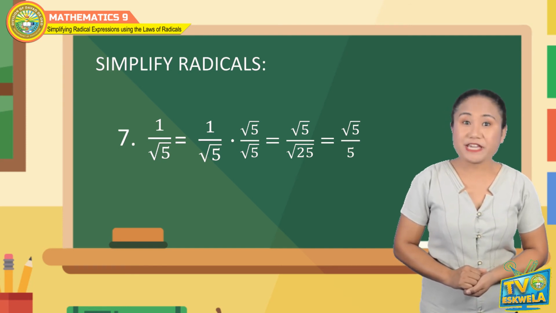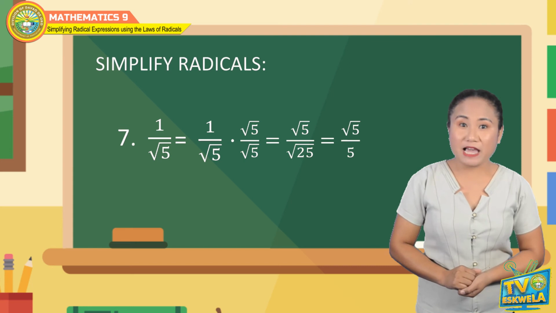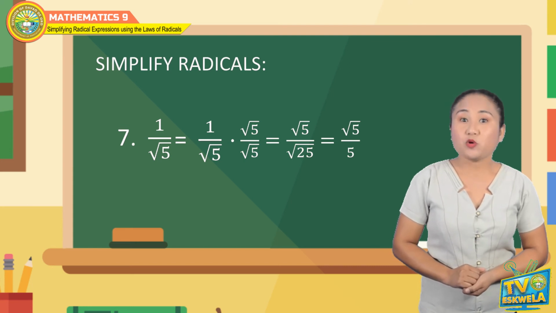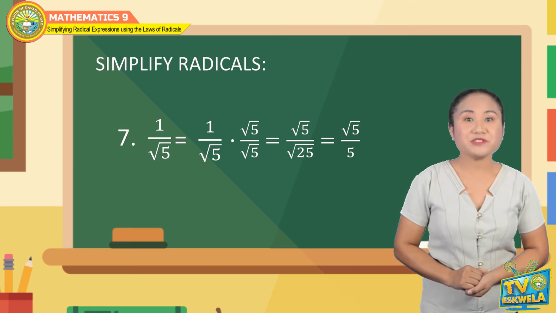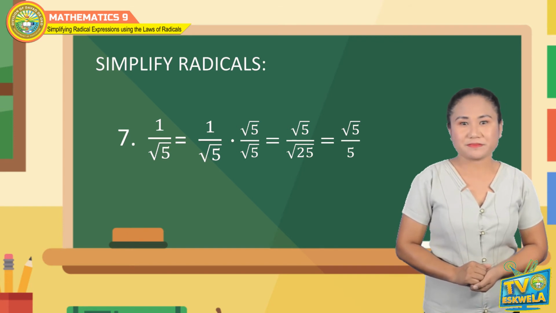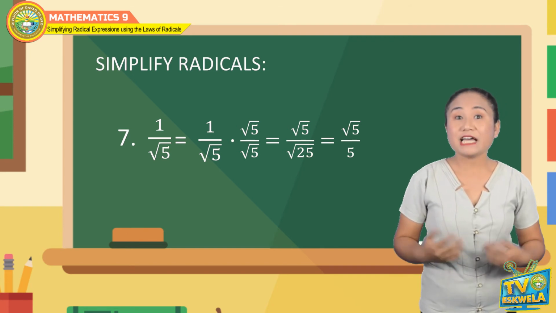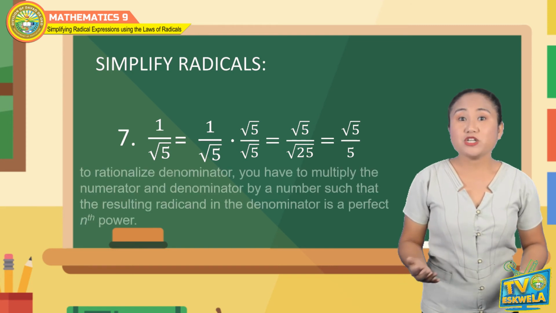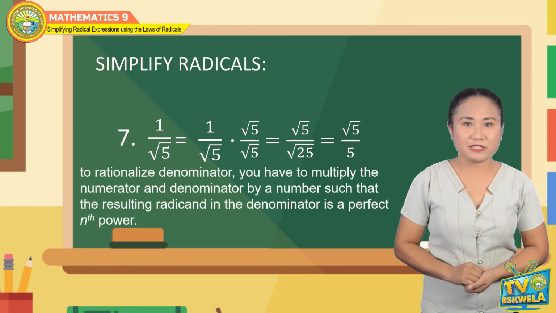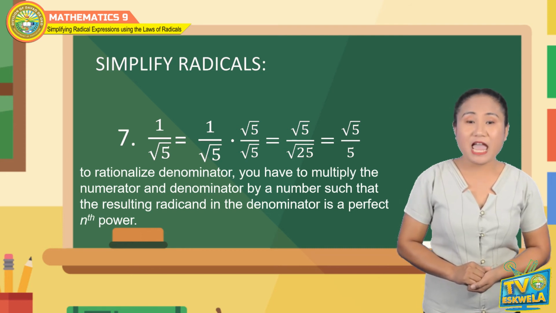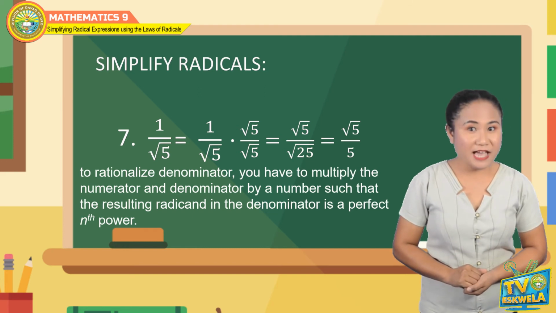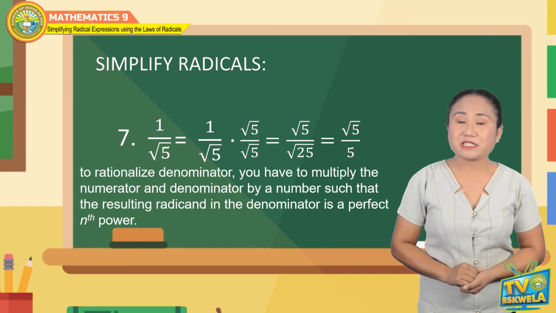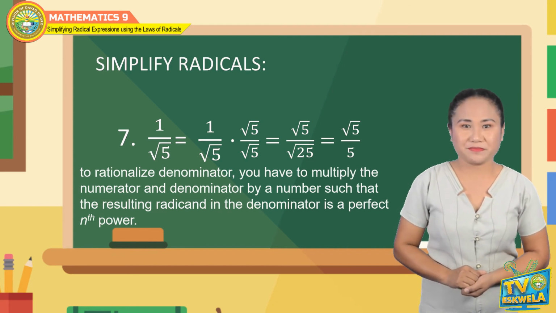Finally, we have square root of 5 over 5, which is already a rationalized quotient. Let me emphasize that to rationalize the denominator, you have to multiply the numerator and denominator by a number such that the resulting radicand in the denominator is a perfect nth power.